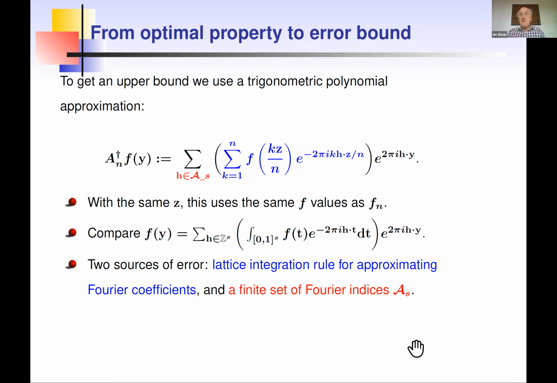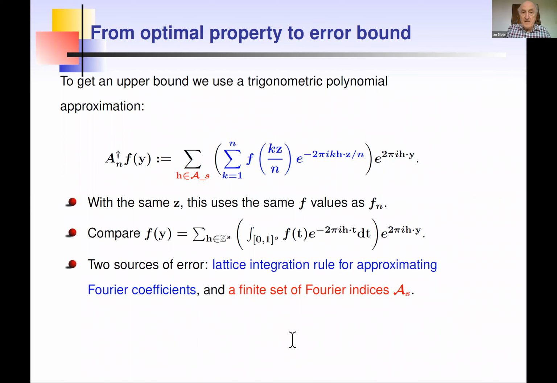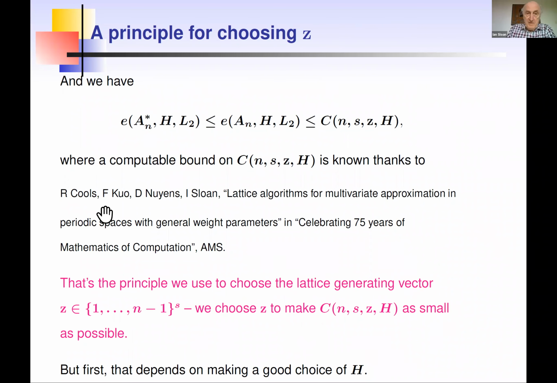So there are two sources of error, but this kind of approximation has been analyzed extensively by Frances and others. And in particular, it now gives us an expression for the worst case error bounded by this interpolatory approximation, the trigonometric polynomial approximation, which itself has a known upper bound.